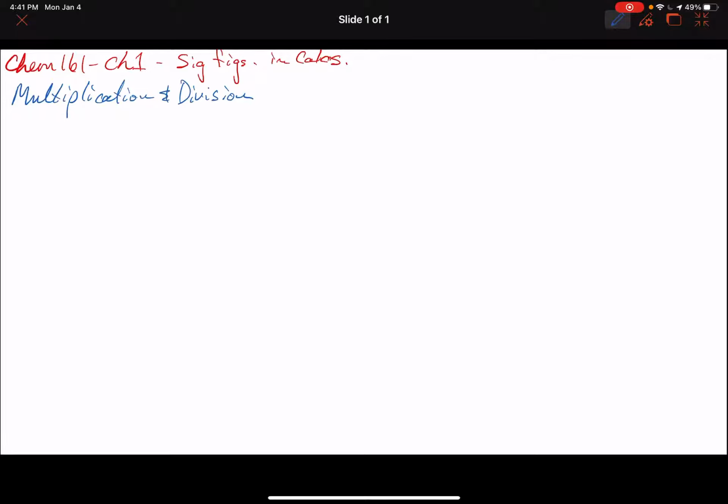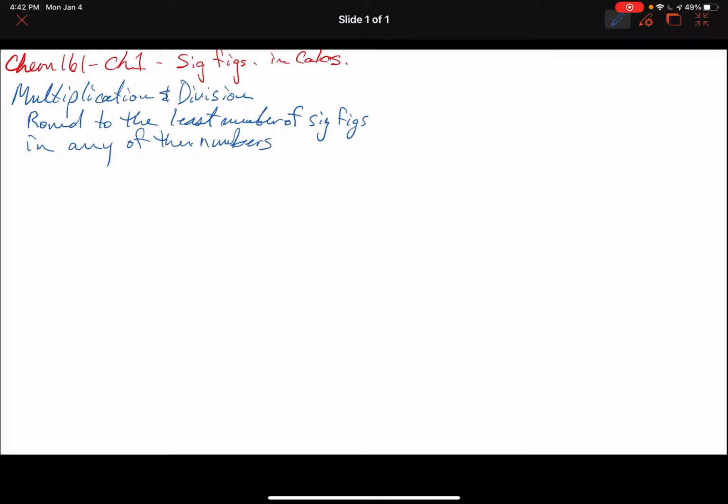Okay, so the rule here is to round the final answer to the least number of sig figs in any of the numbers used in our calculations.